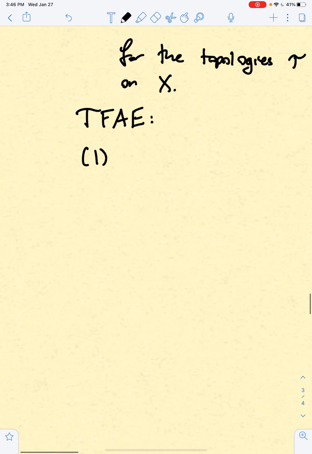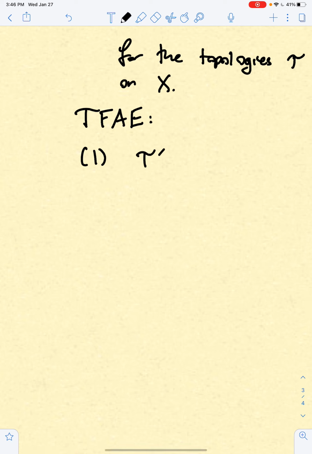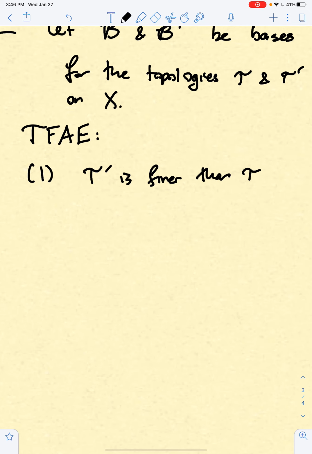1. Tau prime is finer than tau, which means tau prime has more open subsets than tau does.